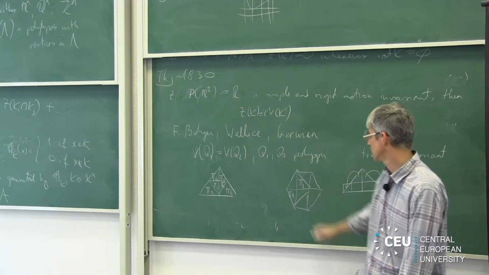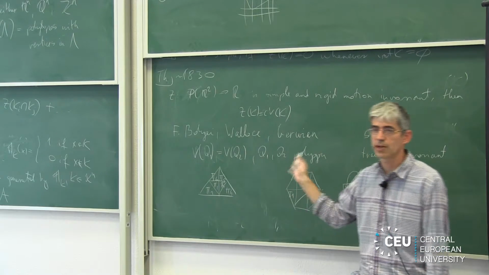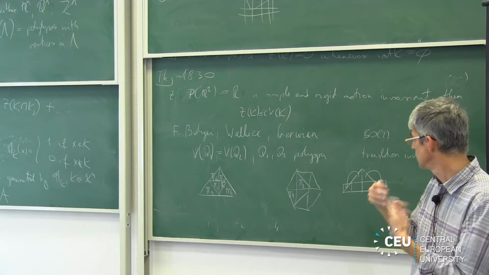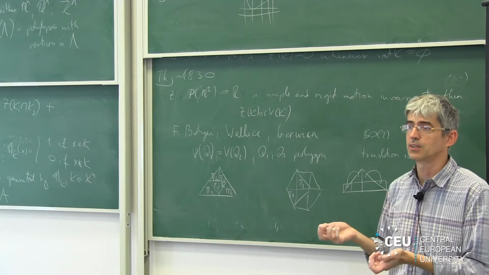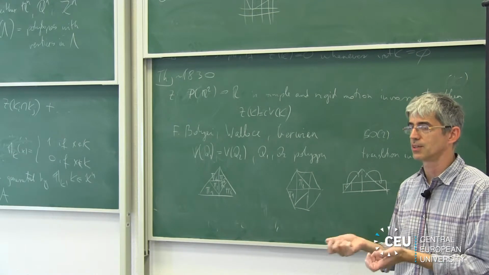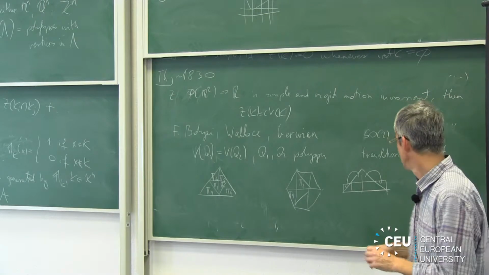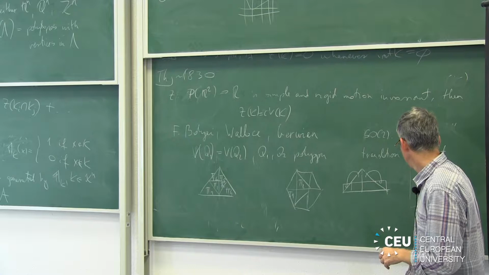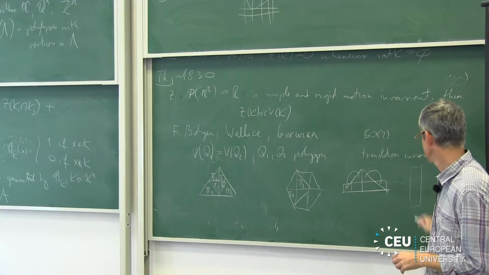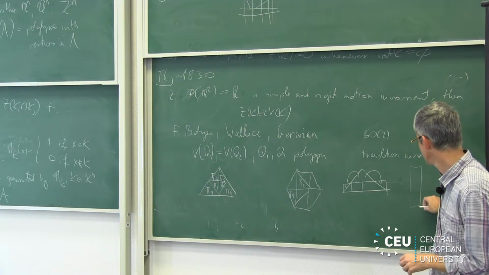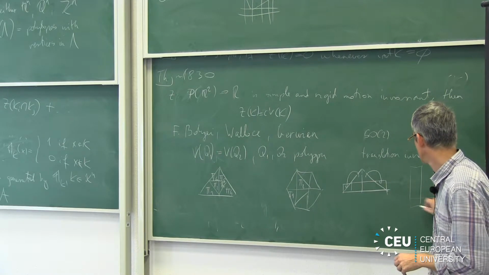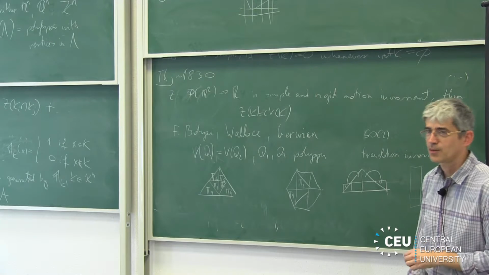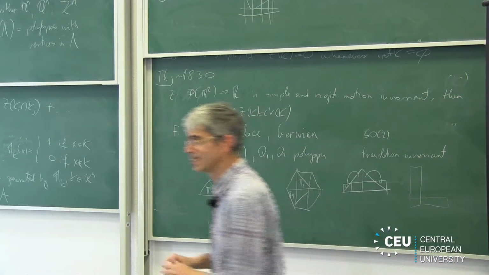So if you start with any polygon, you dissect it into triangles, and the triangles you re-dissect into rectangles. So the real problem is working with rectangles. And it's a non-trivial but not too hard exercise that if I have 2 rectangles of the same area, then they are equidissectable. You can find it on the internet, so it's a nice thing.